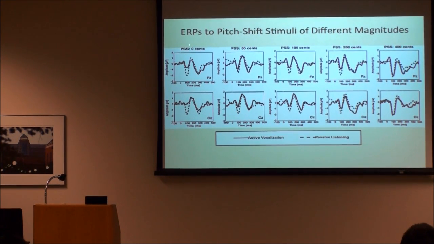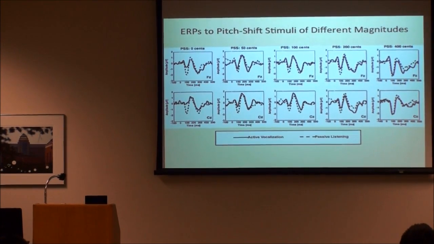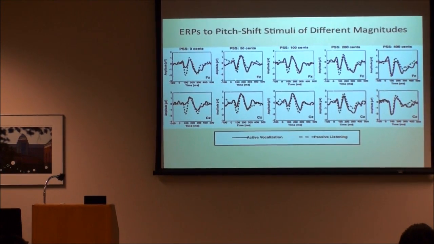And with 0 cents, you can see that the response to listening is much larger than the response to vocalizing in both these locations. Then as he increased the perturbation magnitude, the response to speaking became larger in this N100 area.